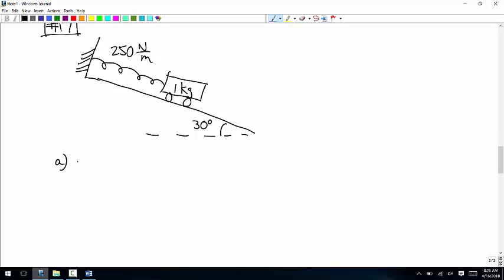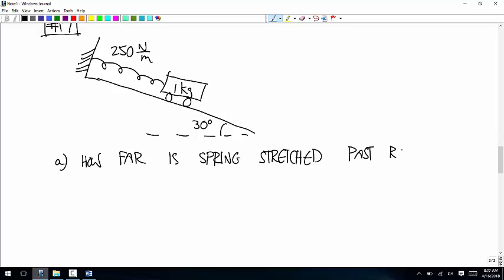So first, how far is the spring stretched? When I talk about stretched, I'm talking about how much longer the spring is than when it's just sitting on a table, so past its resting length, at equilibrium, when it can just sit there at rest.